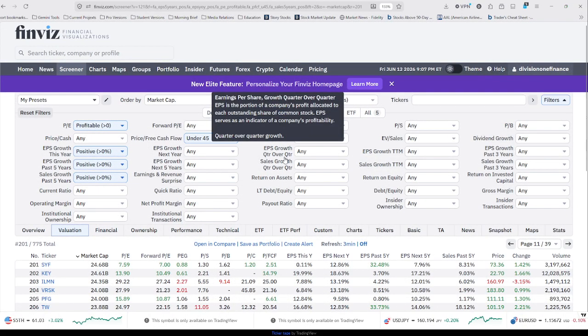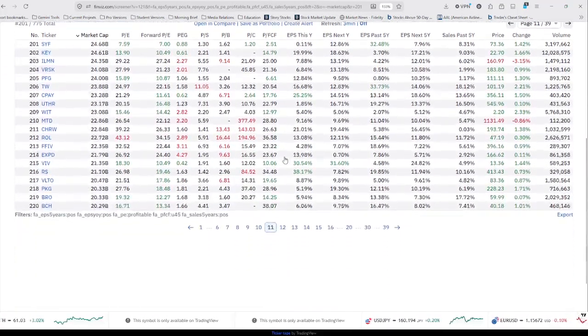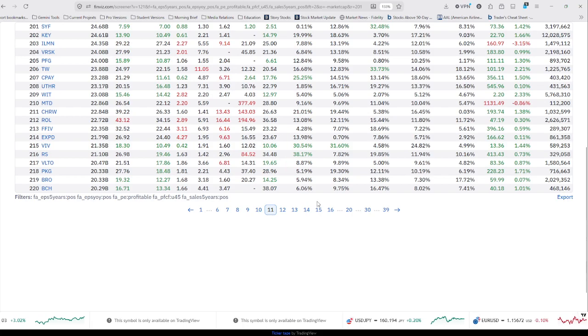Starting at page 11, that's where we start to see names that we're looking for, and that's going to work all the way out to page 20, where you'll have what we'll consider to be your growth names.